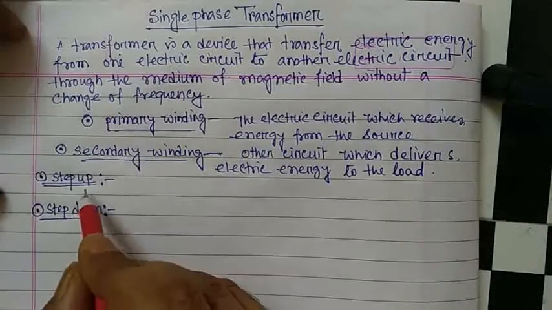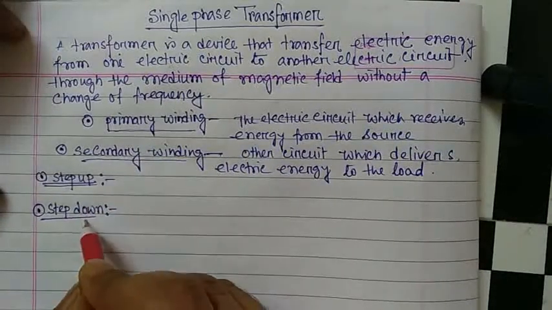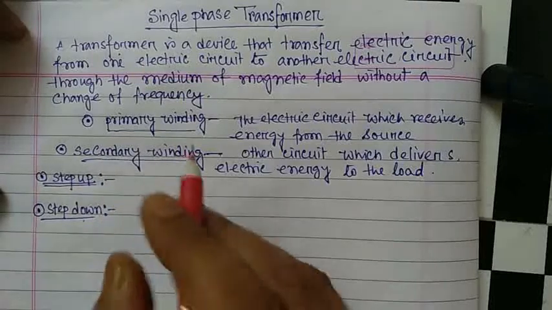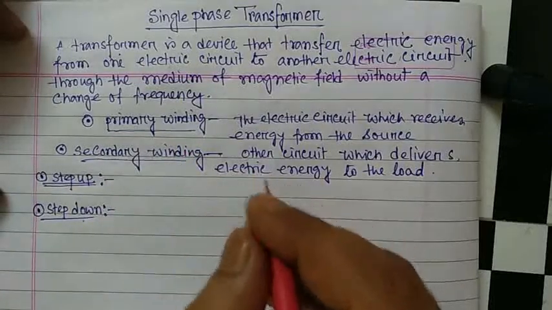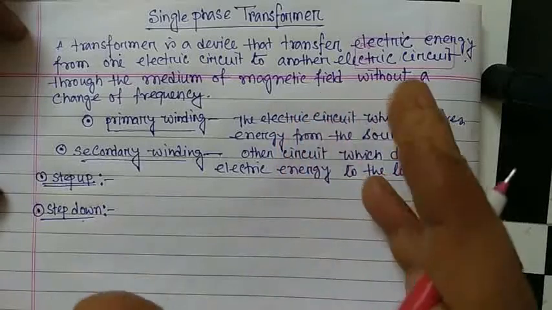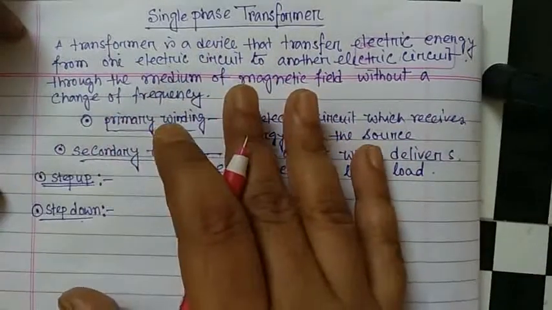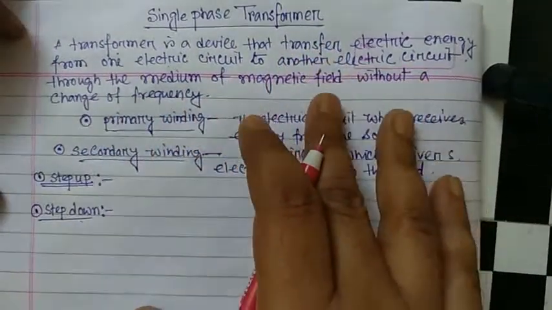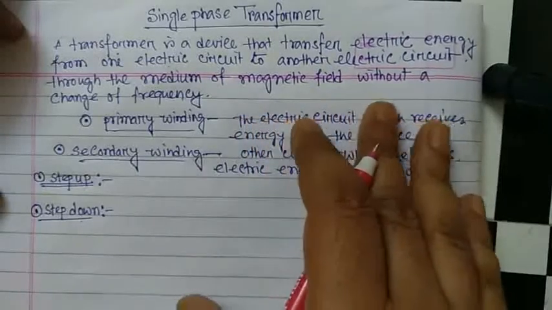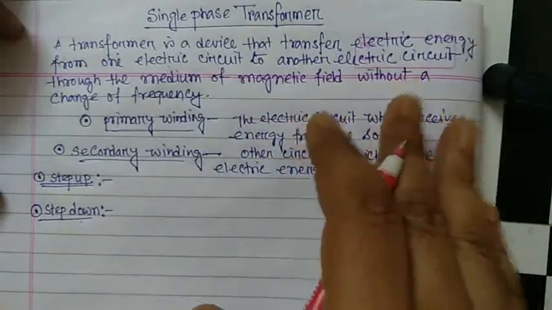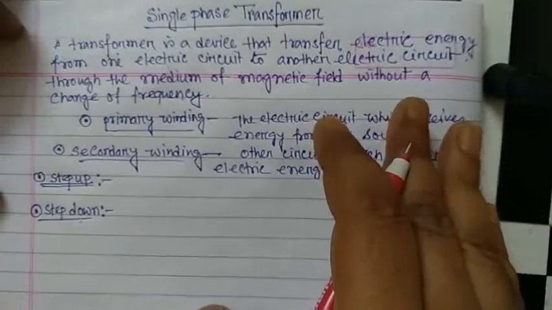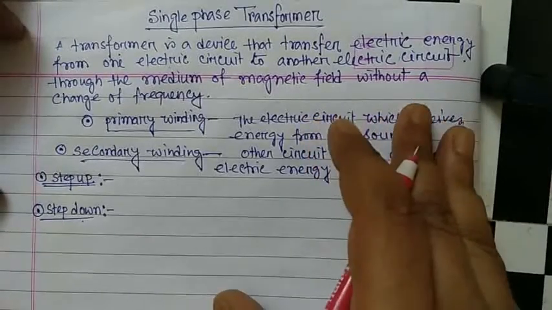Now, what are step up and step down? If the secondary winding has more turns than the primary winding, then the secondary winding voltage is more than the primary, and that time the transformer is called a step up transformer.